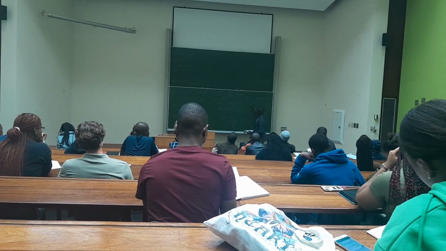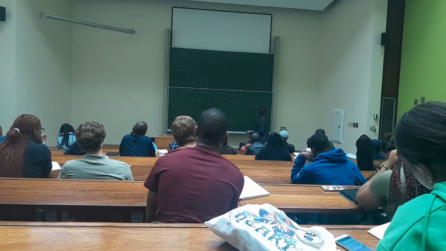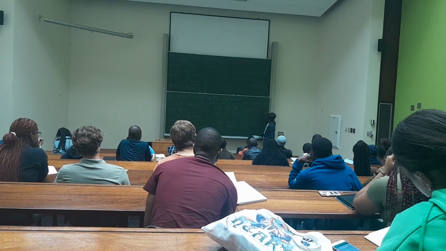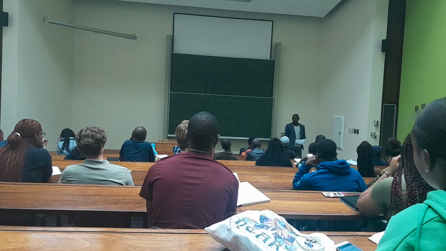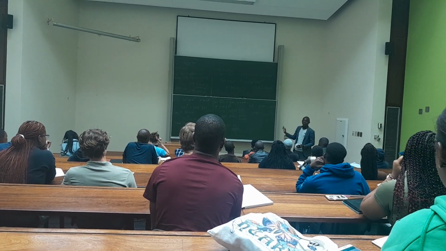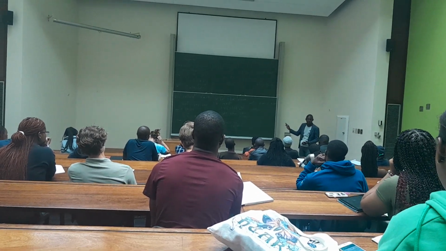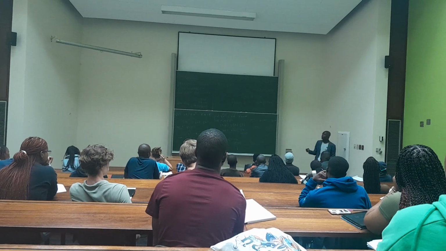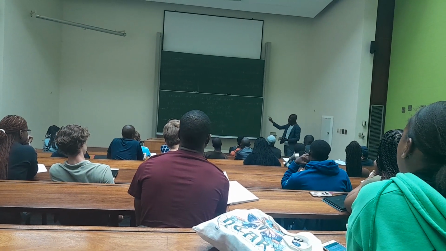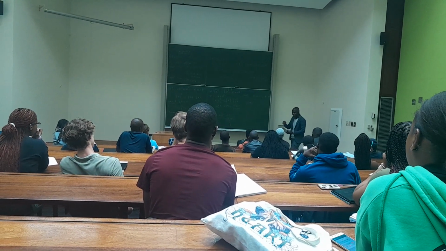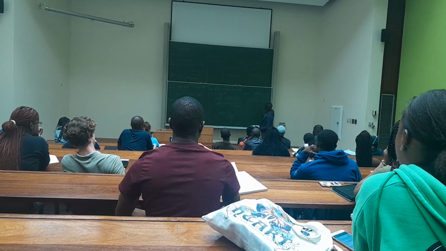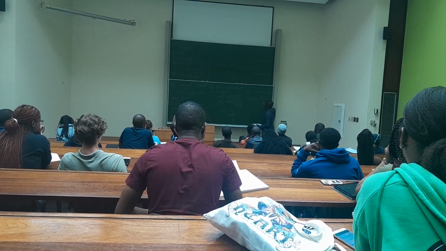So the absolute value of xy: the product will be negative, right? The product is negative because one of them is negative. So the absolute value of a negative number is the negation. So it's minus xy.